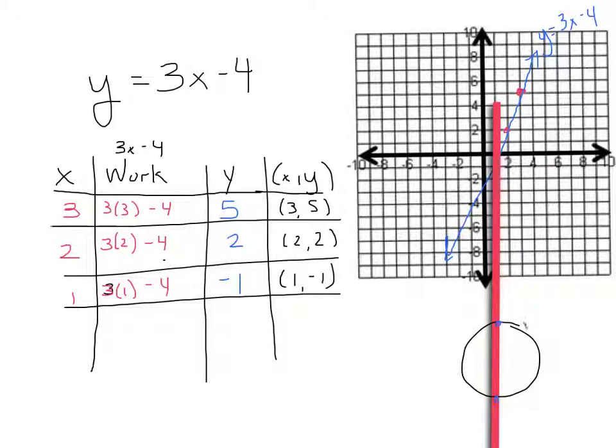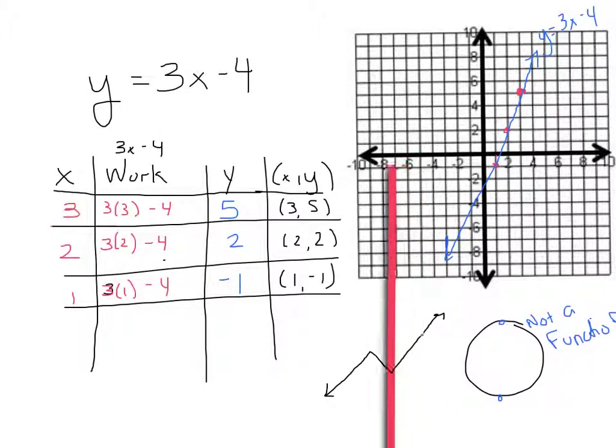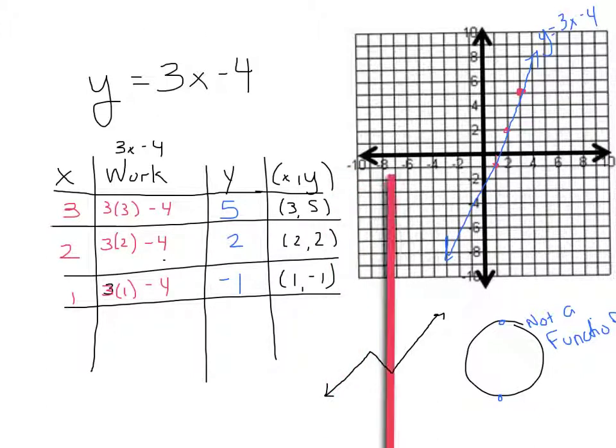This would not be a function. I could have something that looked a little like this. That's fine, because if I move the line, it only touches the graph once at any point, so it would be a function.